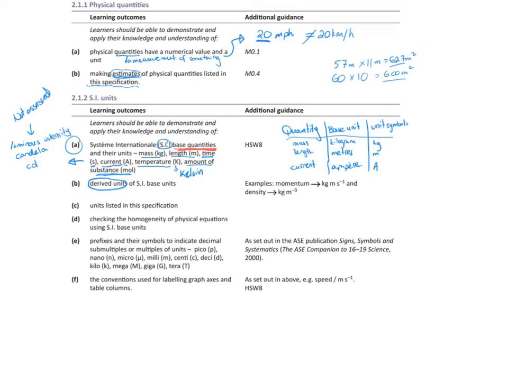So those are derived quantities. Like momentum and density, they involve more than one base quantity in a different combination. And like I said already, you also have certain units that have their own unique symbol, like the newton, which I will show you in a second how to do as well.